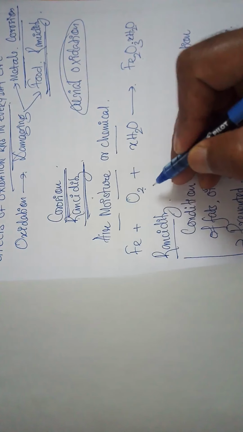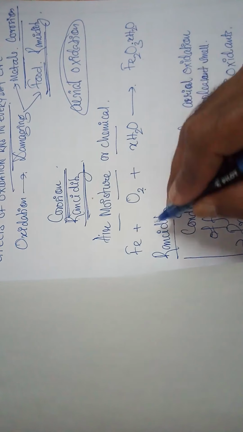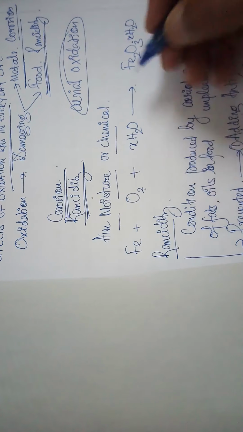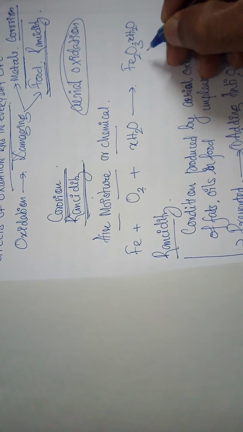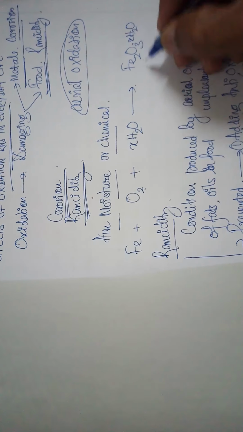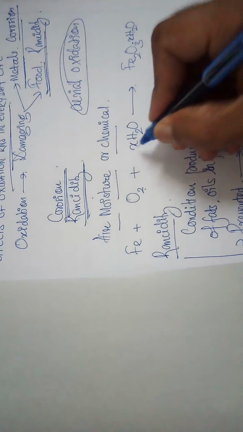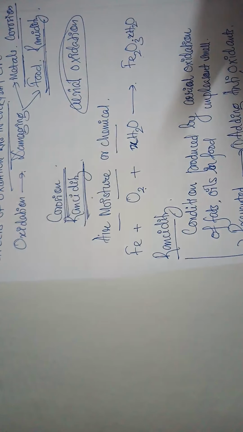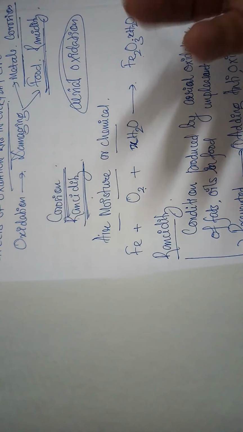Iron, when exposed to air, that is, when it comes in contact with oxygen and water vapor, forms hydrated ferric oxide. And X here denotes that it varies from material to material.